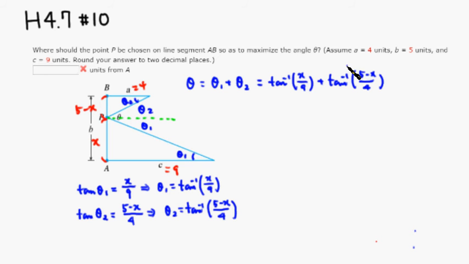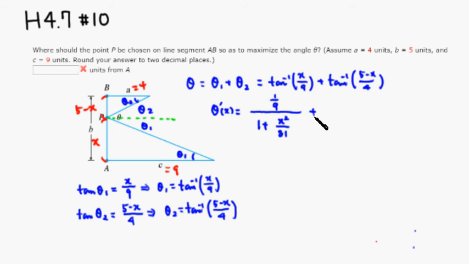Then we can just take the derivative. This is a function of x, so we take the derivative of theta with respect to x. It's an arctangent, so we get 1 plus x squared over 9 squared, so 81, and then multiply by the derivative inside, which is 1 over 9.